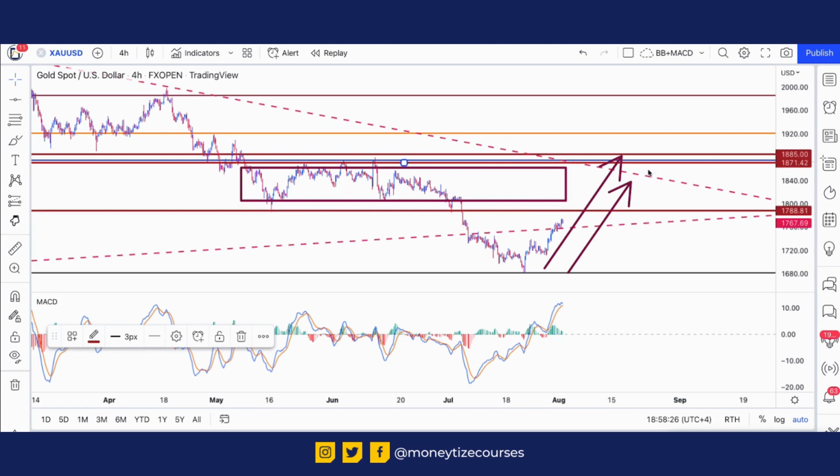Okay, so it may reach somewhere here, which could be around 1835, 1840, or it could reach 1885 and resume its downward trend. Okay, so based on 4-hourly, based on daily, the gold prices are moving upward. It may reach 1835 or 1885 in the days to come, and currently let's see what's happening on 1 hour.